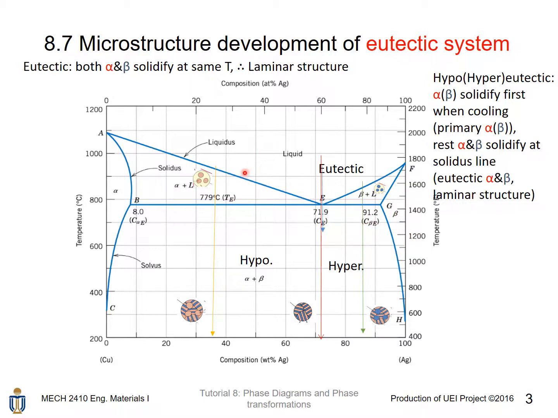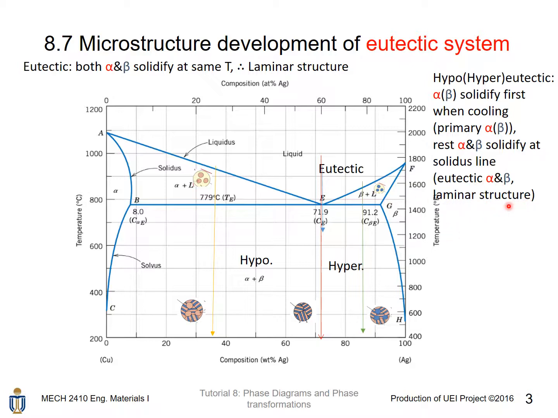That means for hypoeutectic or hypereutectic, then for hypoeutectic, there will be slightly more alpha phase formed, solidified first when cooling, which we call primary alpha phase, and the rest, alpha phase and beta phase, will solidify at the solidus line, which is again line BG. We call it eutectic alpha and beta, which have a laminar structure.